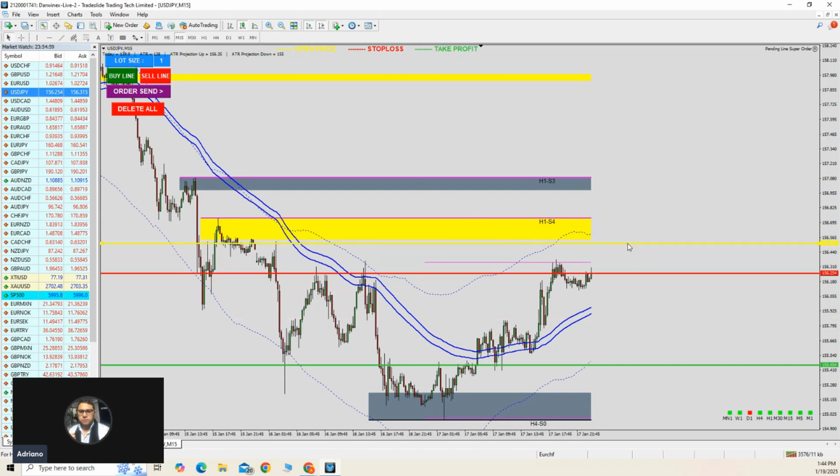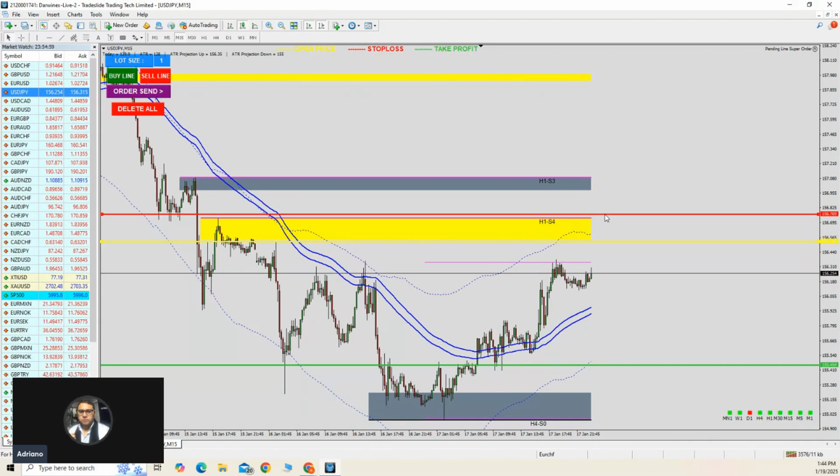So this is gonna be my entry price. I like to get in maybe 1 or 2 pips before the zone. So here is where I'm gonna place my entry price.